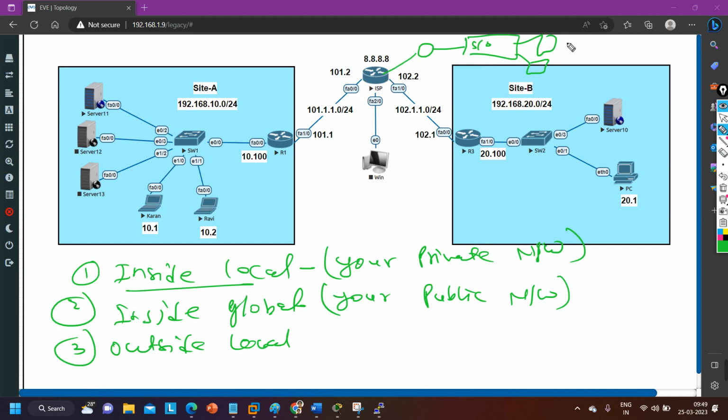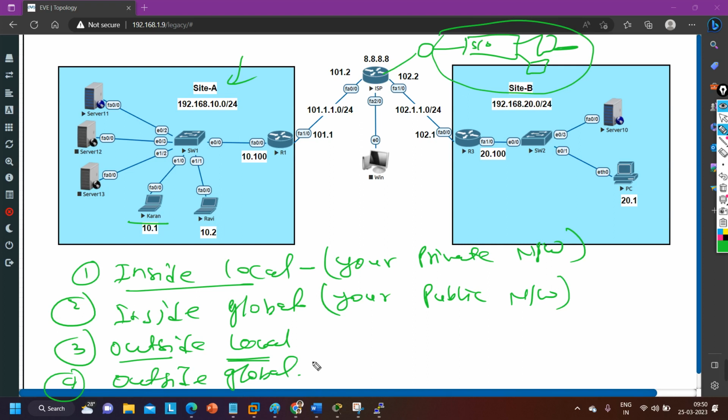So if you want to access this Google server from here, from the current computer, outside local means the Google private network. This is the Google private network. So this network will be considered as the outside local network inside your site A. And the fourth type of zone is outside global.